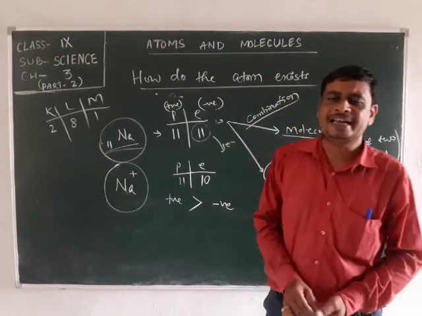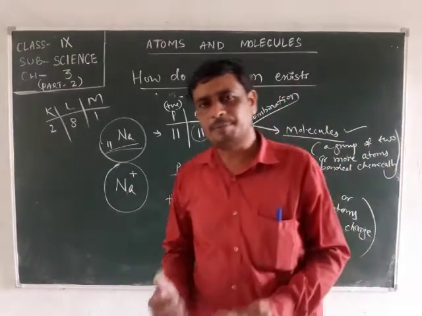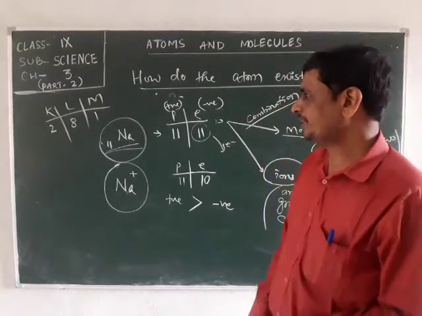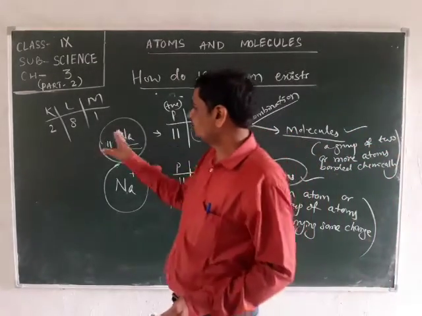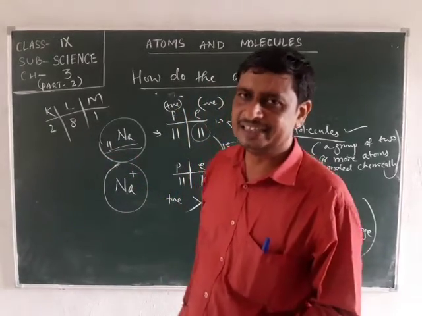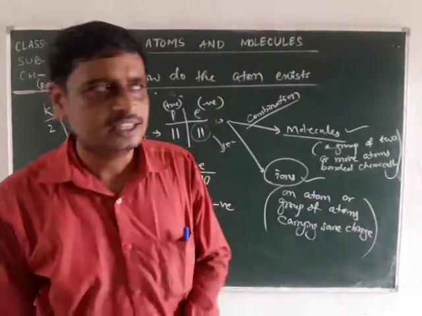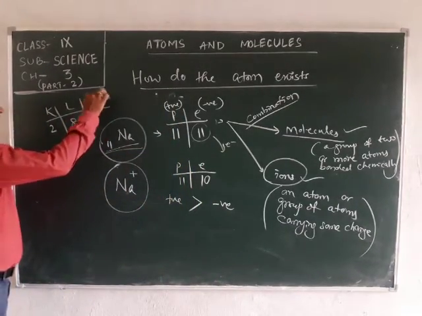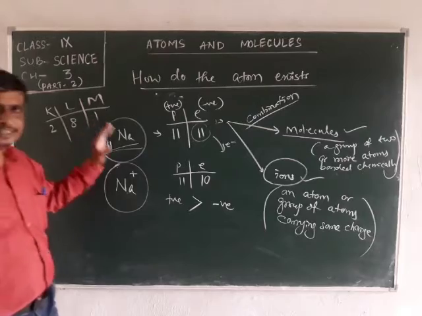They will show the property of the nearest inert element. For this sodium atom, the nearest element is neon, having electronic configuration 2, 8. So the next one, the M shell, is filled by 1 electron.